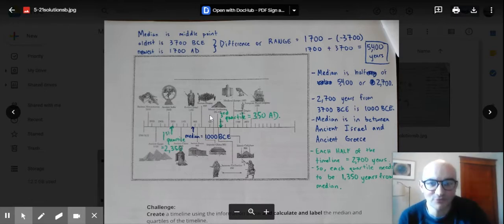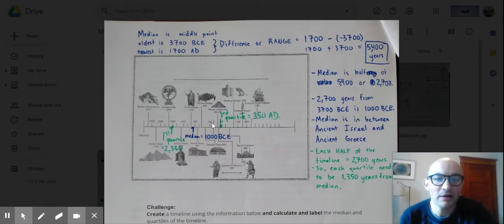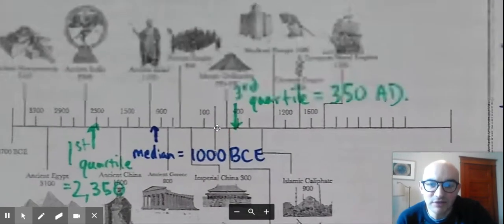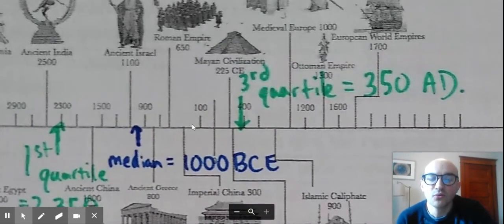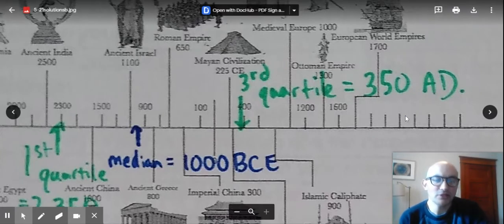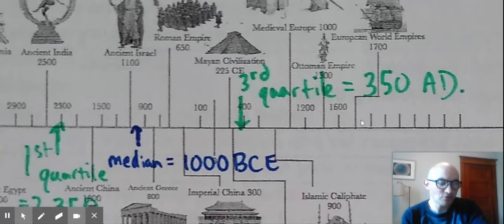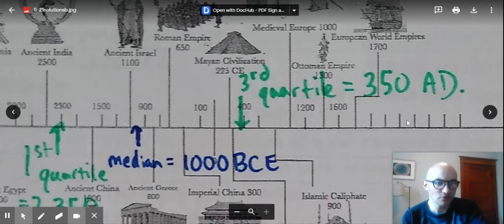And the reason it's negative, if you remember how we use the idea of AD and BC, let me see if I can find it here on the graph. AD would be positive, so we're in the year 2020 AD. And then our years go up. So next year, of course, will be 2021, then 2022, and so forth. So we count up in years, just like we use a number line, the positive numbers.